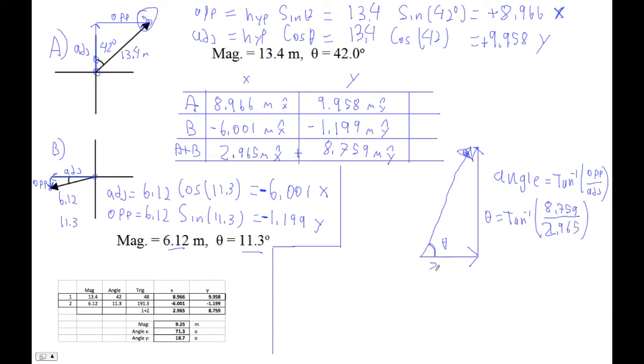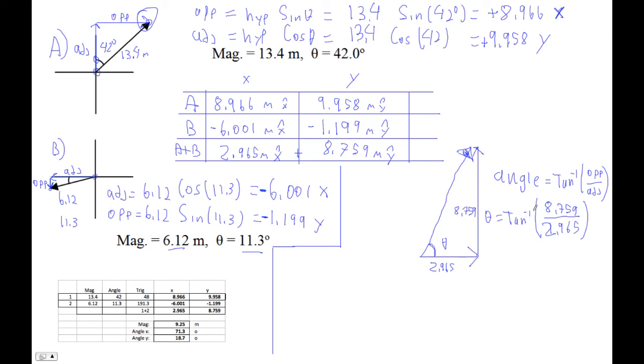Okay, so that's the length of this side, 2.965, right? This side here is 8.759. So let's do that. Inverse tangent, so second tan of 8.759.